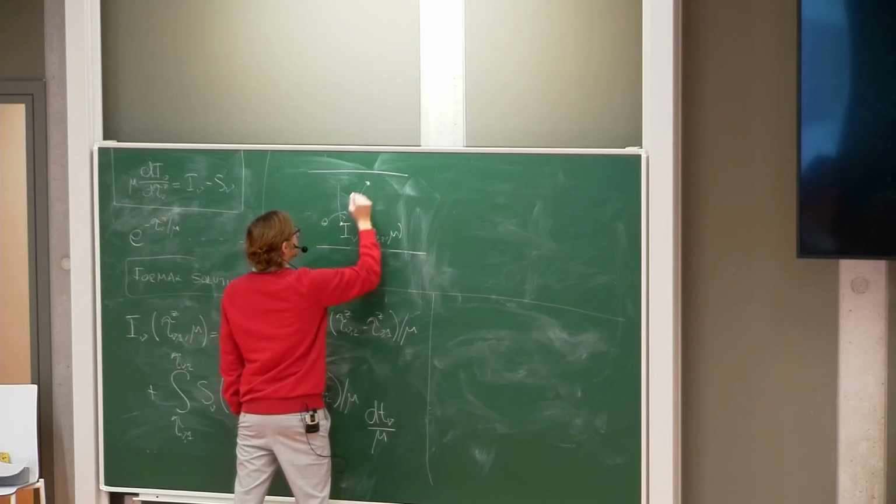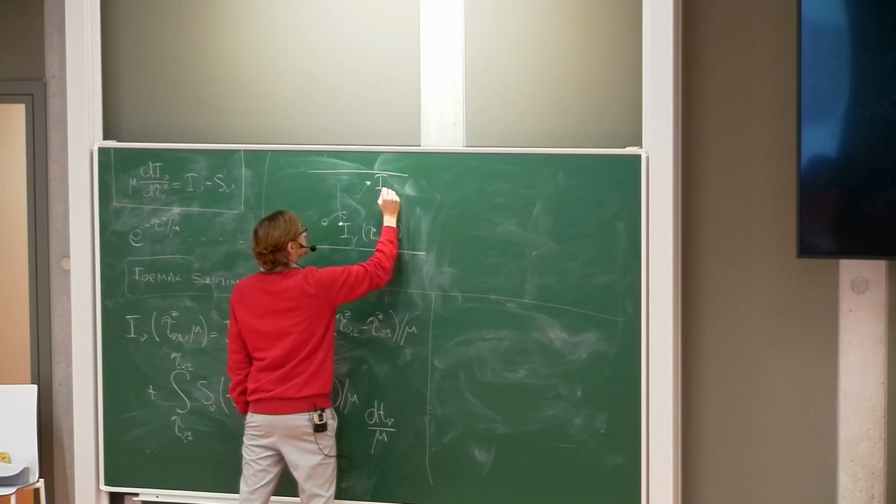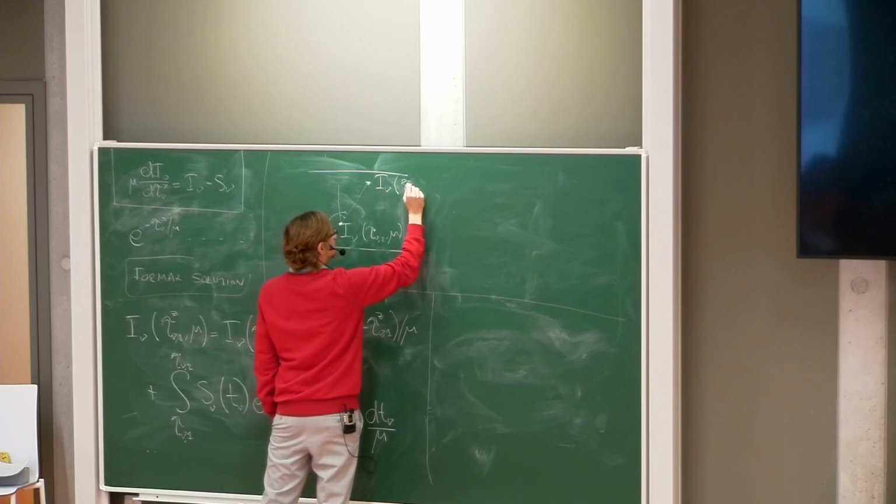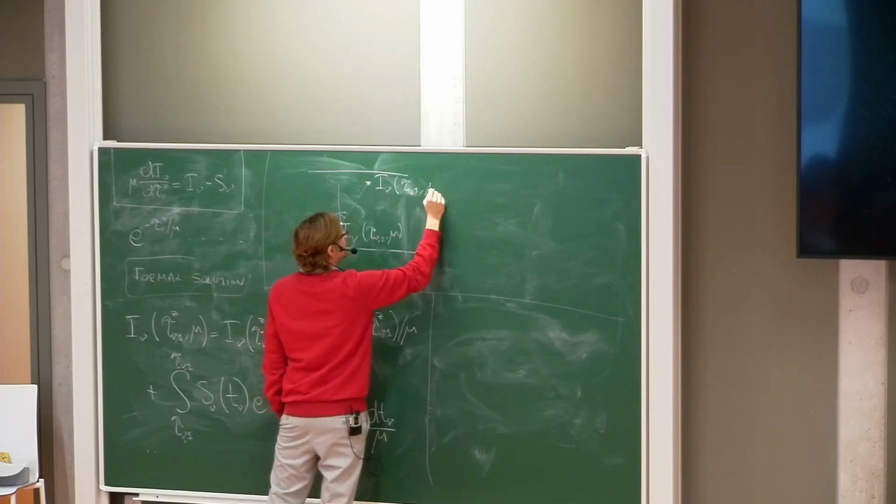And then we have another position up there, which then is I nu at tau nu 1 and mu.